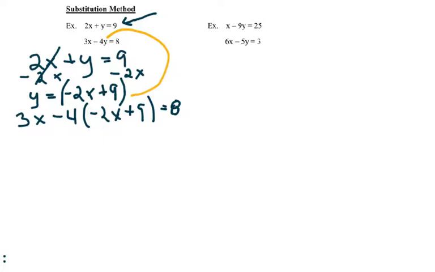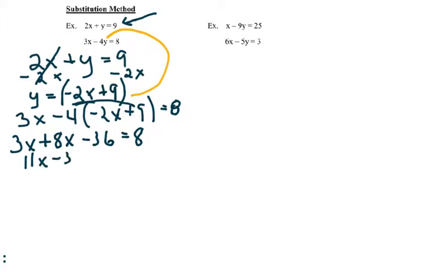Okay, here I see I have the distributive property I need to take care of. So when I do that, I'm going to end up with 3x plus 8x when I distribute here. And then minus 36 when I distribute here, equal to 8. I can see here that I can combine my like terms of 3x and 8x to get 11x. Minus 36 equals 8.